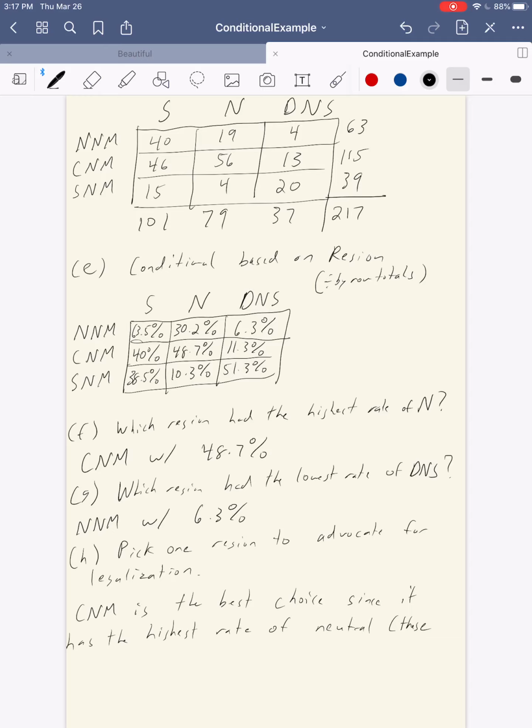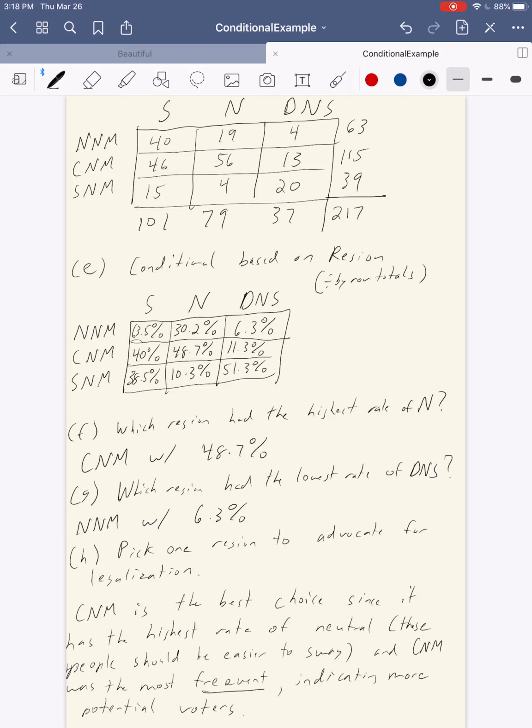And remember, these people should be easier to sway, and central New Mexico was the most frequent, indicating more potential voters.